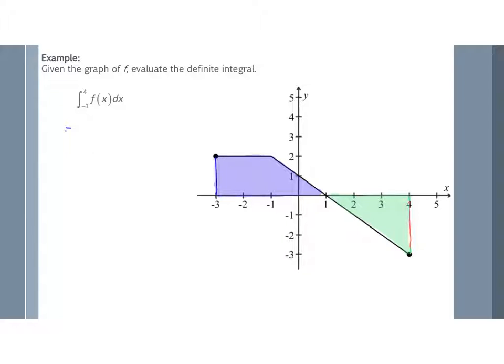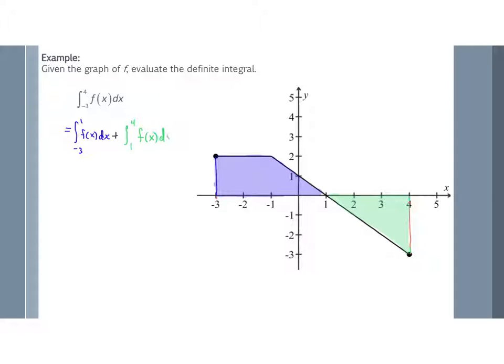So this integral I would write as the integral from -3 to 1 of f of x dx. And then I would add to that the integral from 1 to 4 of f of x dx.